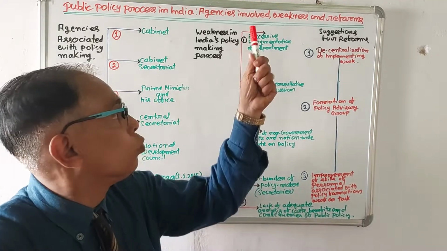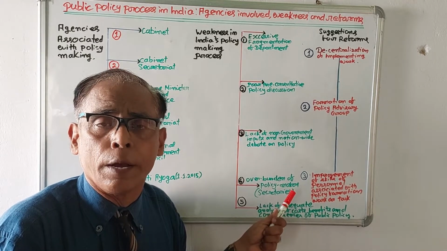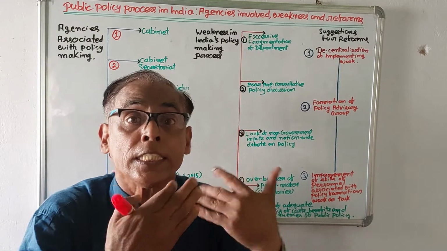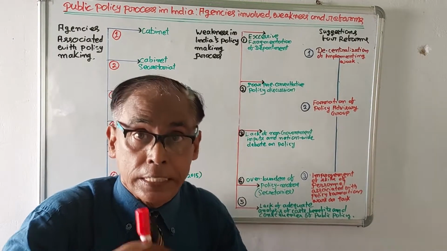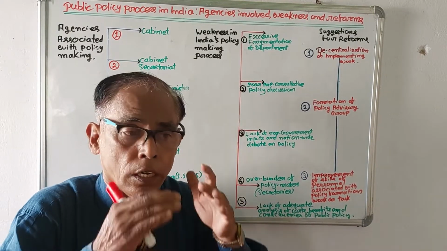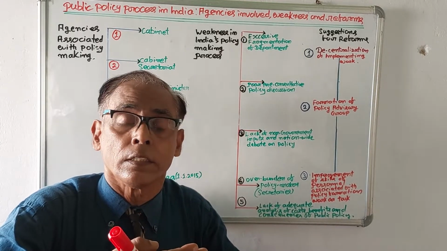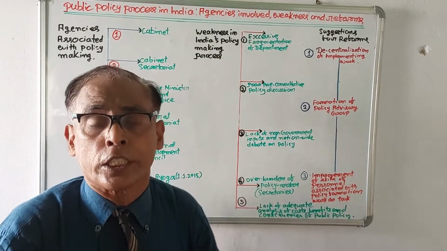So these are the weak points of public policy preparation in India. Now we will take up what suggestions we can give for its reformation. What steps we can suggest for the reformation in the formulation of public policy, so that these weaknesses can be overcome.